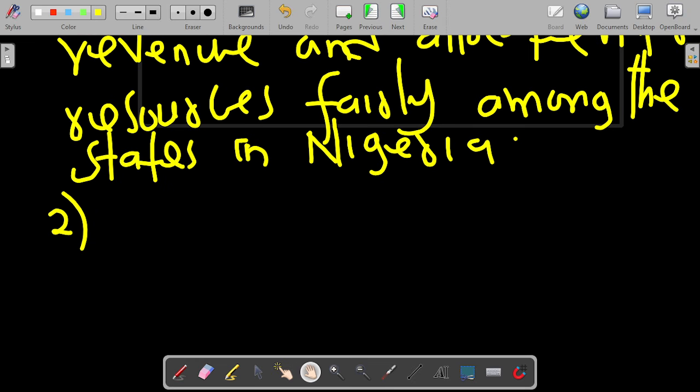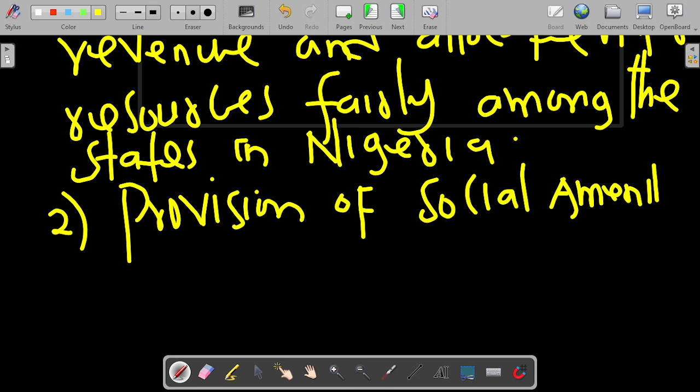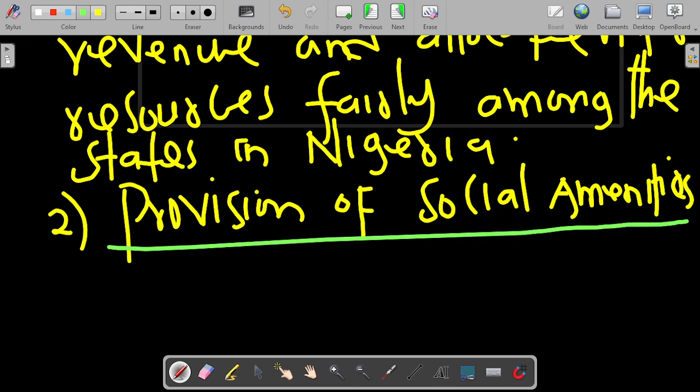Then two, we have provision of social amenities.